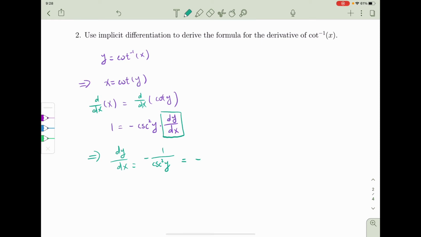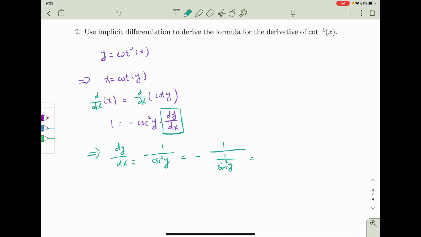So it's negative of 1 over 1 over sine square of y. So it becomes negative of sine square of y.